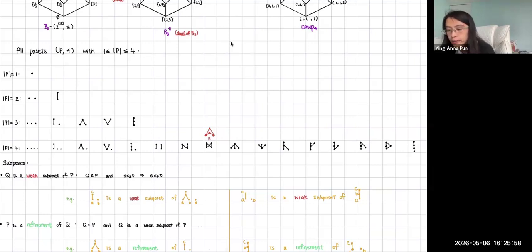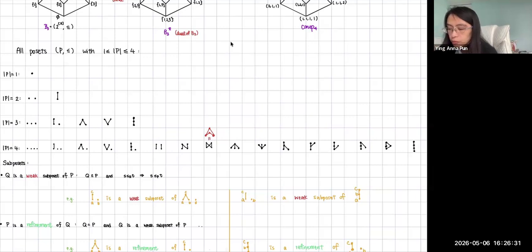Everything above, if you have a line, the one higher is going to be the larger one when you compare two things. So two things that are linked by a path are comparable, and two things that are not linked by a path are not comparable, so we call them incomparable. We also drew out all the possible Hasse diagrams up to 4 vertices.